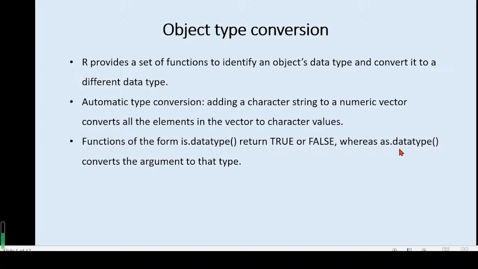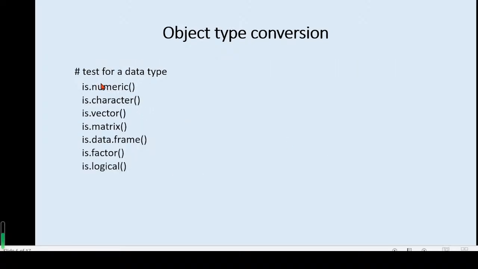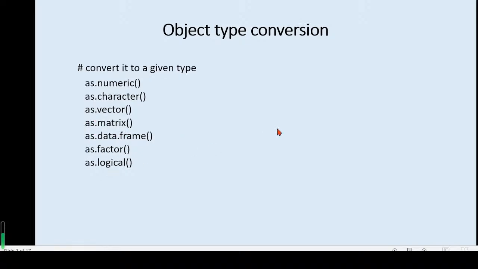And if you use as.datatype, it will convert the argument to that type. So for example, to test for a data type: is.numeric, is.character, is.vector, is.matrix, and so on. And to convert to a given type, we can use as.numeric, as.character, as.vector, and so on.